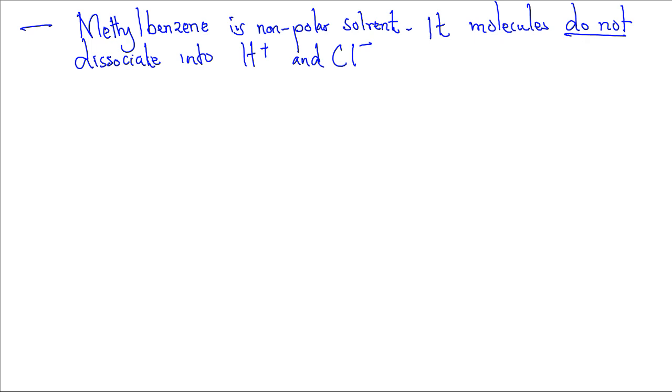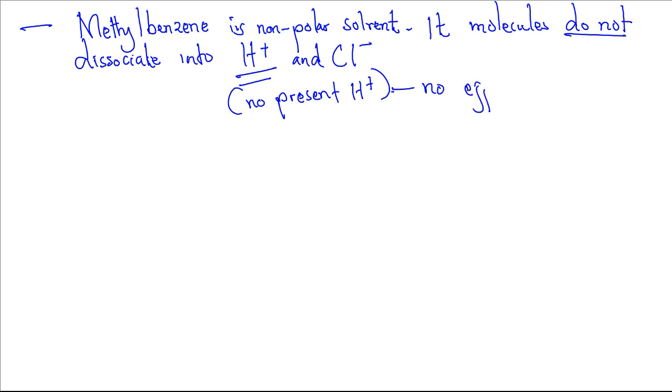And therefore, no hydrogen ion is present. And because of that, there is no effect on litmus paper, especially the blue that should turn red.